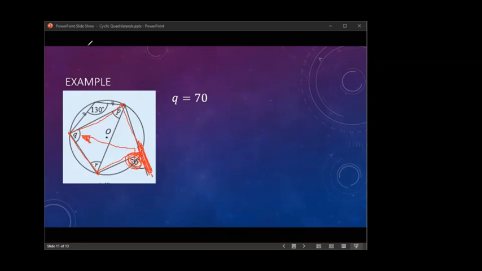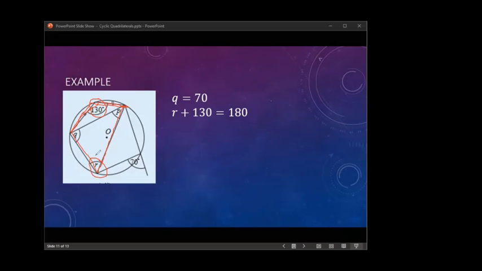Okay. We'll move into the next part. I'll erase this. So the next step is to find R and P. If you consider the other cyclic quadrilateral left in this diagram, the one I'm drawing on right now, we have two opposite angles as R and 130.